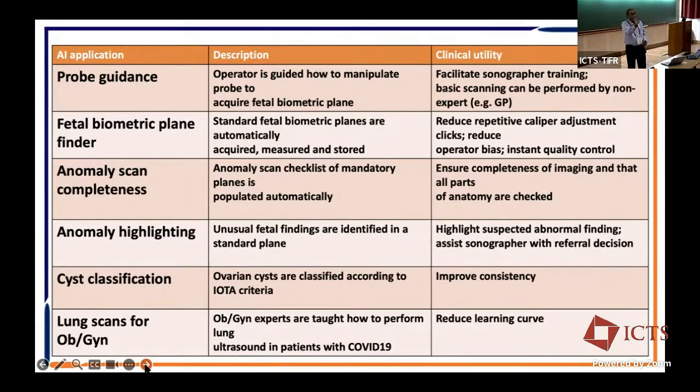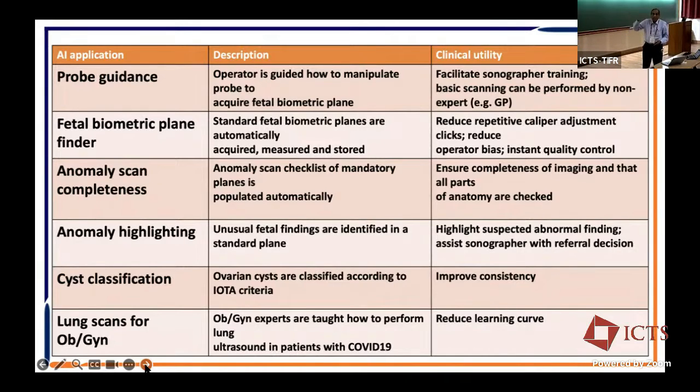The images are all captured. Then it tells you there is a single fetus, the fetus is 20 weeks old, the fluid around the baby is all right, the placenta is anterior, and 2 or 3 major anomalies are not present. This the machine will tell. It's in progress, and very soon I'm hoping to see that. So that is probe guidance. It also tells you how to move the probe.